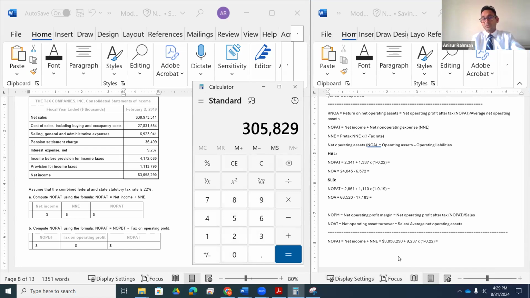Okay, let me start over. This is not a very advanced calculator, so if this is correct, I'm going to copy this and paste here.